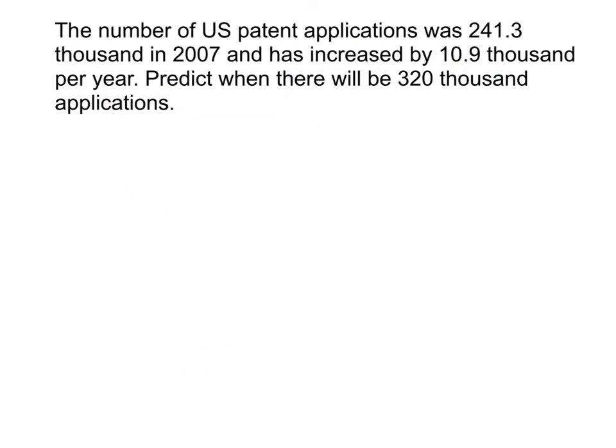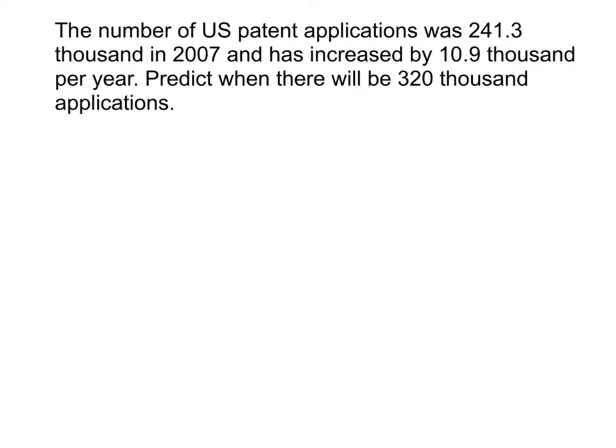Okay, let's look at another example. The number of U.S. patent applications was 241.3 thousand in the year 2007, and it's increased by 10.9 thousand per year. Predict when there will be 320,000 applications. Now, notice in the information that we're given the initial amount.